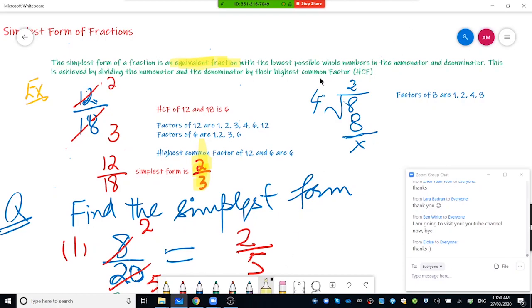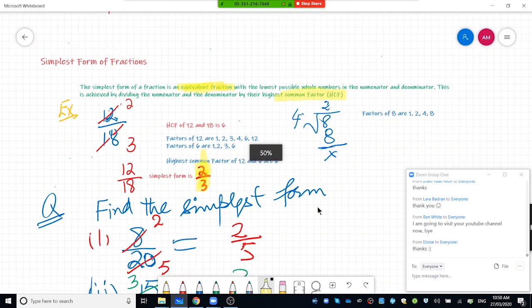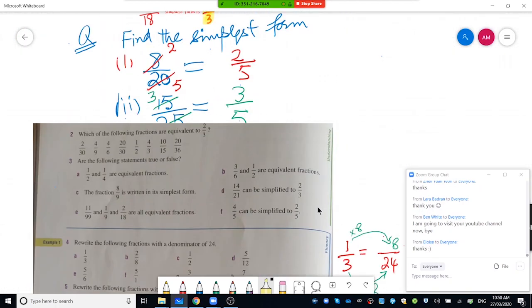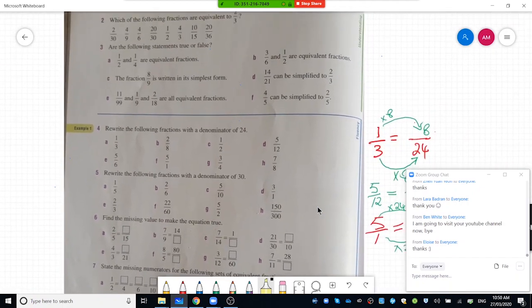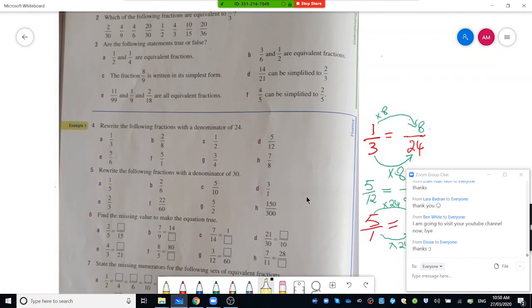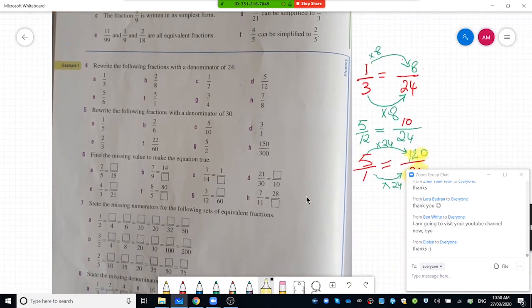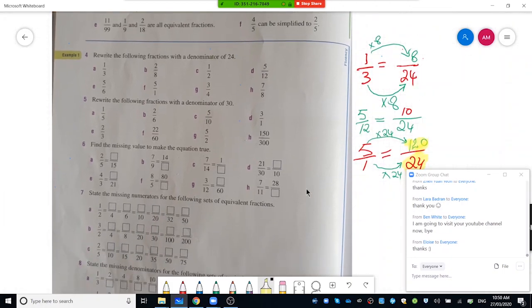So let me highlight this highest common factor here also. This is the highest common factor. We divided by it, it's an equivalent fraction, and we did some examples today, and you also did very good. And then we did some examples of the equivalent fraction. The examples are shown, being shared on your computer screen.